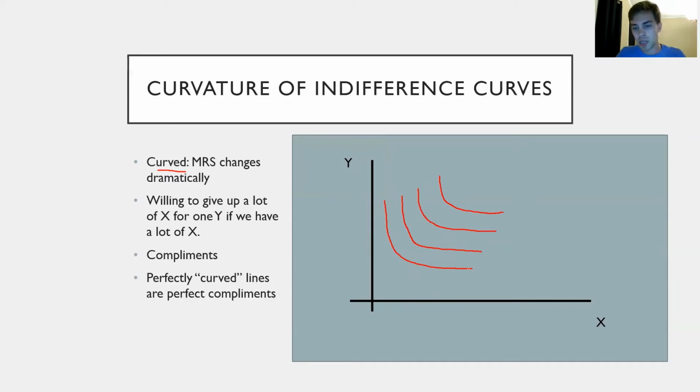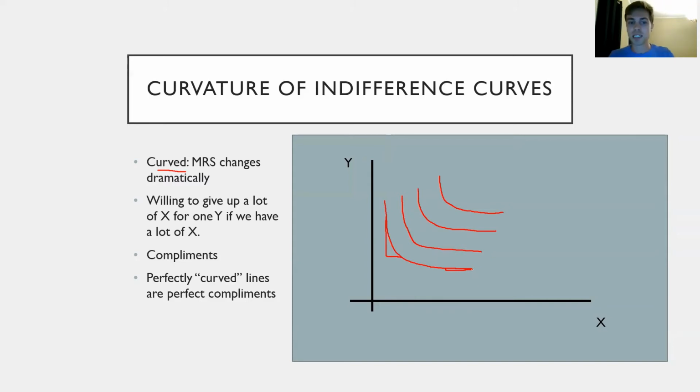So in other words, if we have very little x and a lot of y, we're willing to give up a lot of our y to get one more unit of x. Whereas if we have a lot of x and relatively little y, we're willing to give up very little of our y to get an extra unit of x.